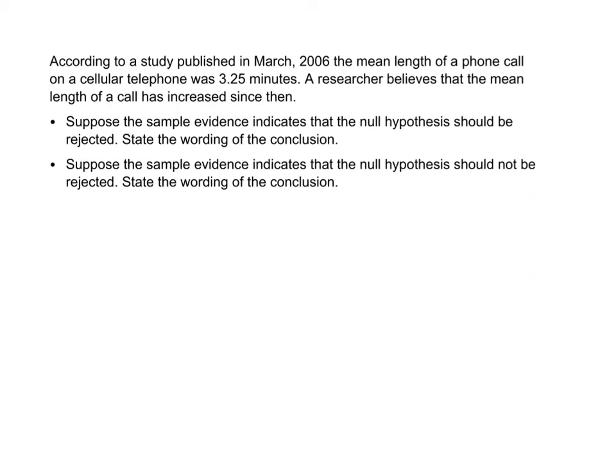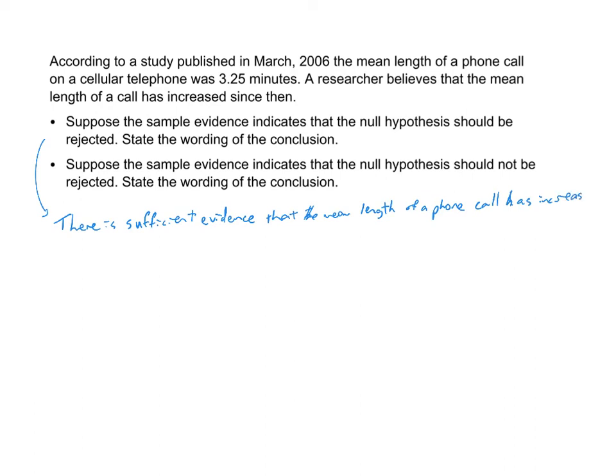All right, so here's the fancy formal sentence. This is for the first one. There is sufficient evidence that the mean length of a phone call has increased since 2006.